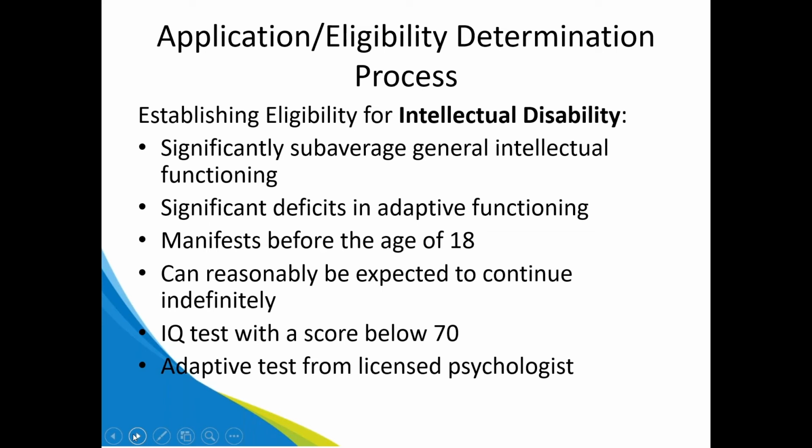It causes significant deficits in adaptive functioning. The IQ tests, as was mentioned before, show a score below 70, and the adaptive tests come from a licensed professional, like a licensed psychologist.